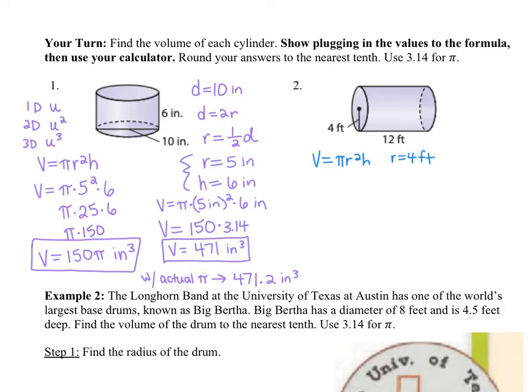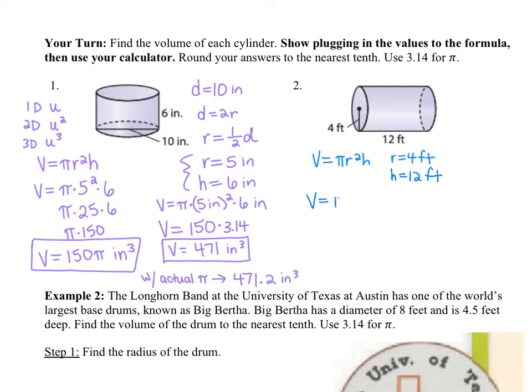And then the height, even though it's laid on its side, this is the height. Okay, so you could turn it on its side like this one. This is the height. Because you can imagine if you flip it around, remember it's kind of like you had the base and then a bunch of them stacked on top of each other. So how many? So the height is 12 feet.